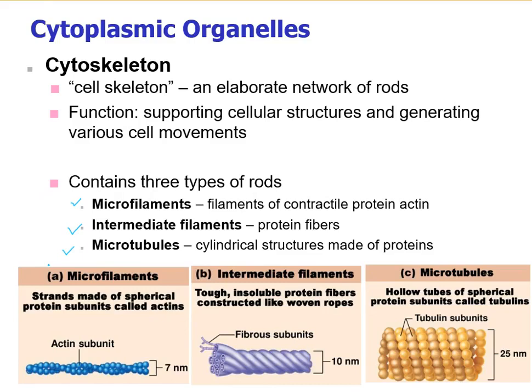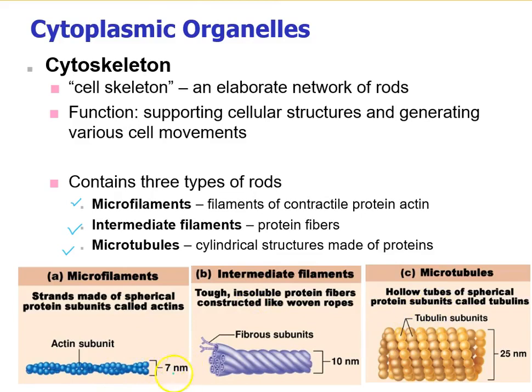So in simple terms, the cytoskeleton is like the cell's supportive framework made of microfilaments, intermediate filaments, and microtubules, allowing the cell to maintain its shape and perform various movements, and it's the cell's internal scaffolding. In this picture, you can see these three types of cytoskeleton.